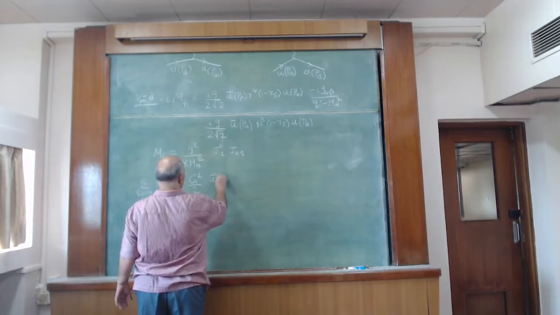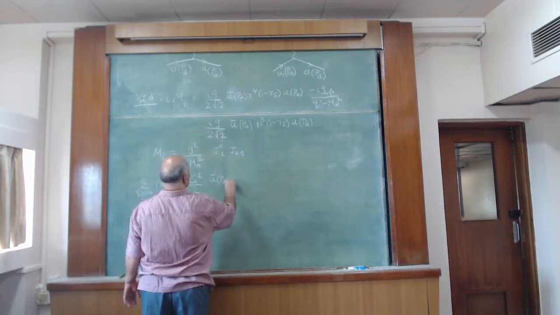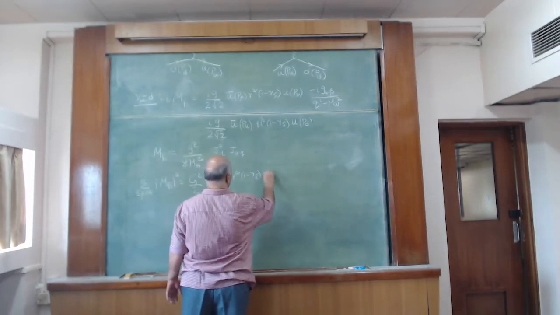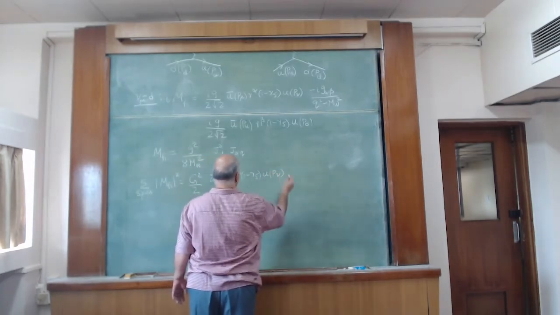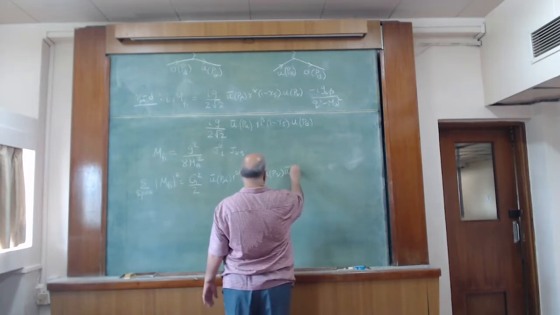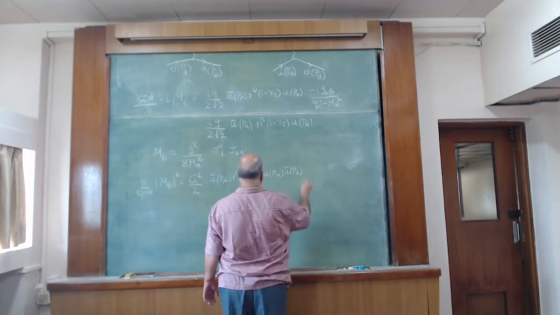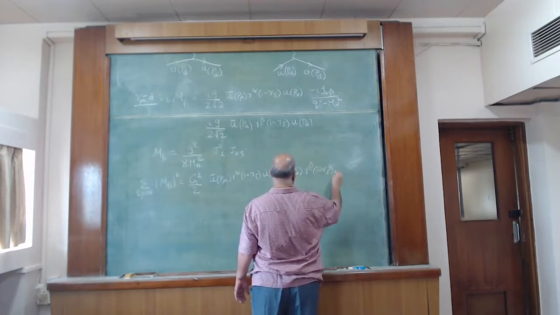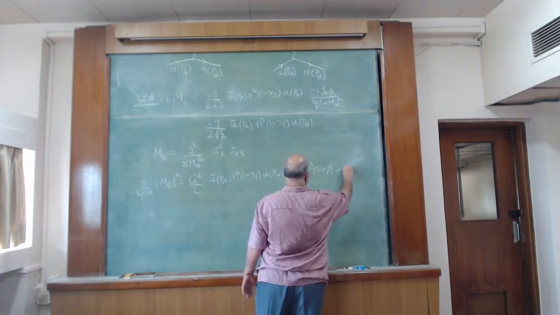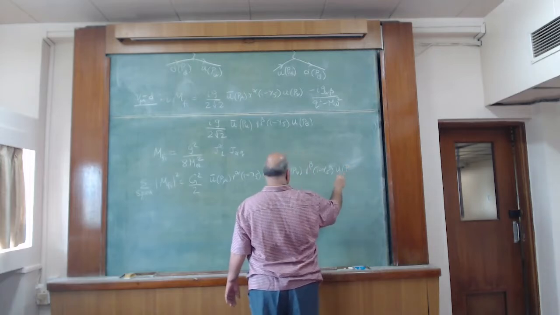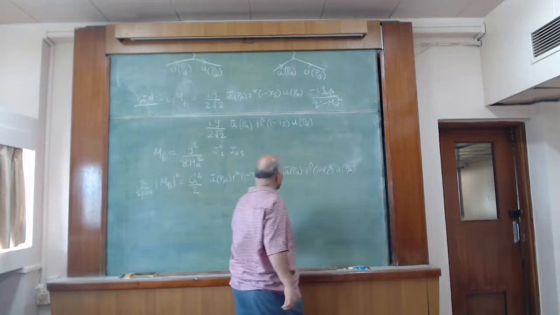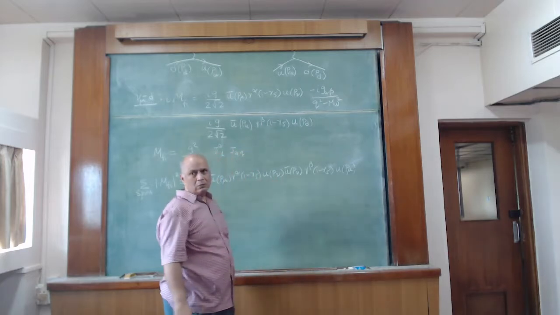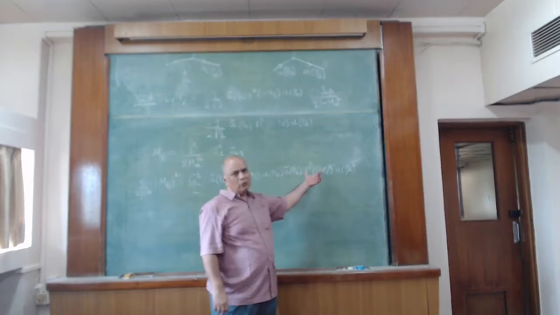If you write it out, you find that the complex conjugate of this, if you work it out, turns out to be this.